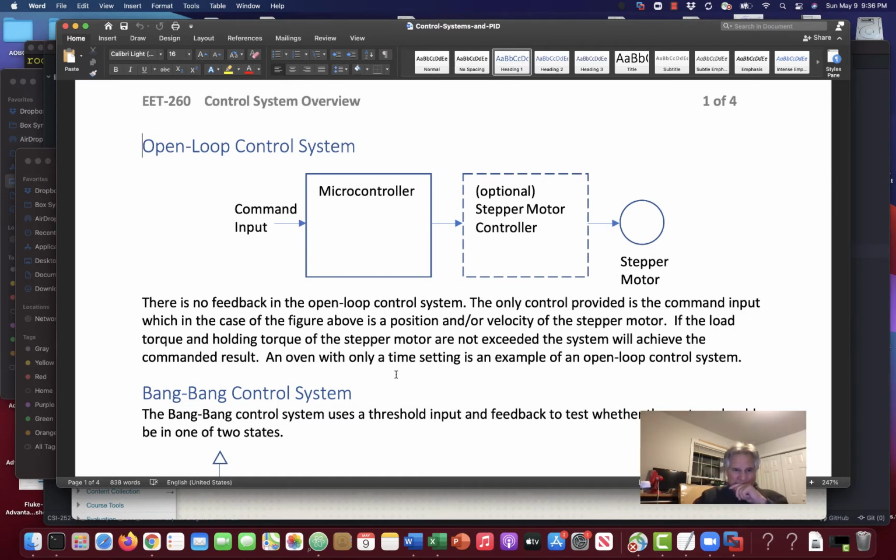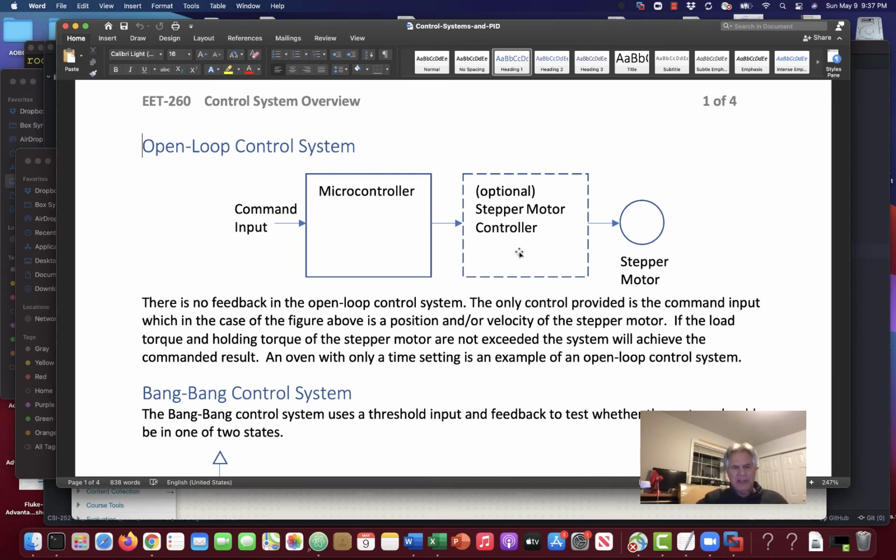So the simplest control system is the open loop control system. There's no feedback in the open loop control system, and we talked about stepper motors, and as long as you don't exceed the load torque or the holding torque of a stepper motor, if you issue 15 pulses, the motor goes 15 steps, and you know where it is.